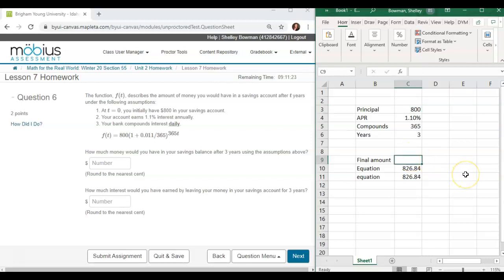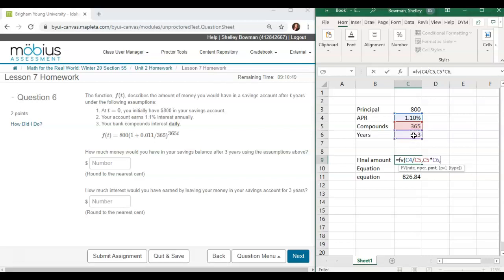The last thing will be using a future value function using the capabilities of Excel. This one prompts me what to put in here, and this is what you will probably be using more on the test. So I'm going to cell reference the rate, divide by n, or the compounds, and then the number of periods, that's the compounds times the years, then a comma.